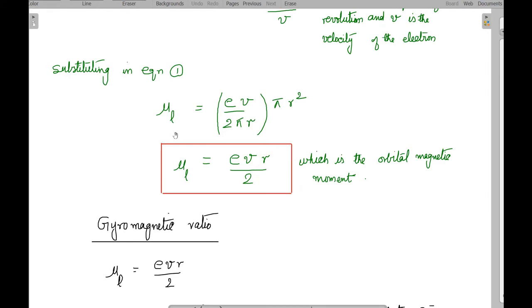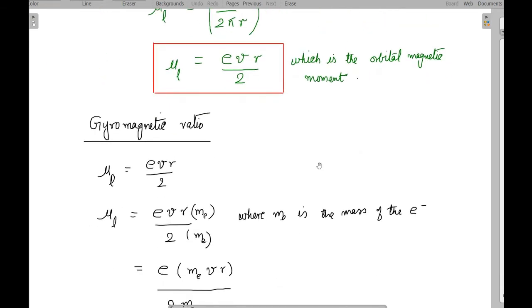So mu L equals ev divided by 2 pi r into pi r square, or pi gets cancelled out, r gets cancelled out, so we get mu L equals evr divided by 2, which is the orbital magnetic moment of the electron.